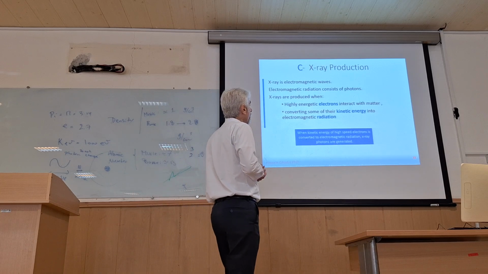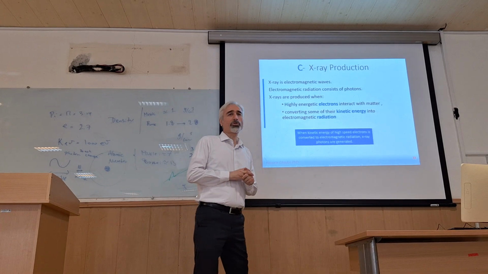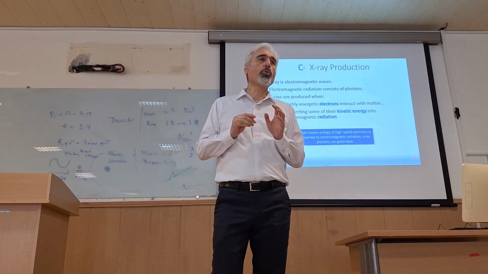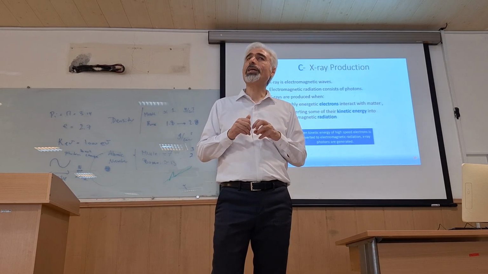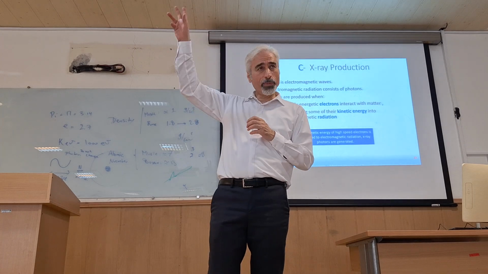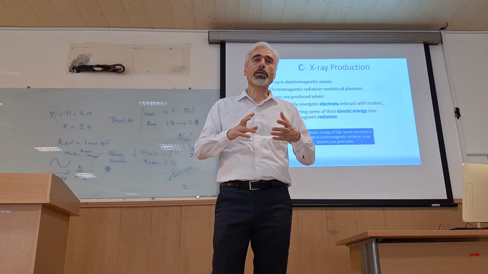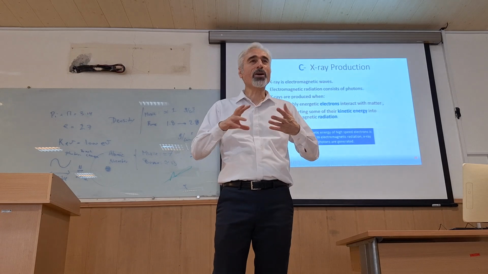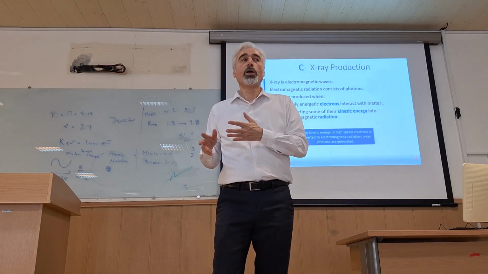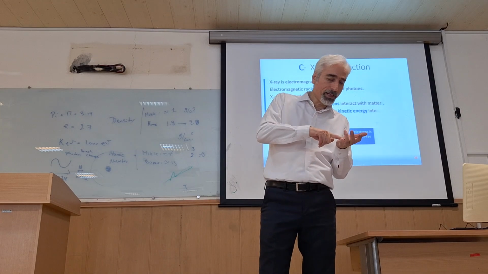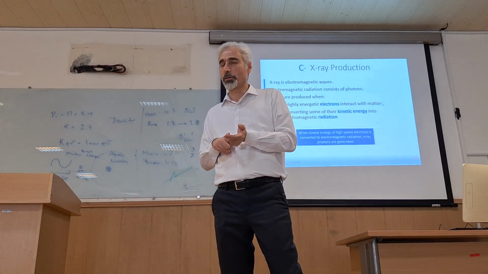How can we produce the photons? Most of the time, when you want to make photons, visible or non-visible, you need to change the type of energy. For example, somewhere we change thermal energy to visible light.